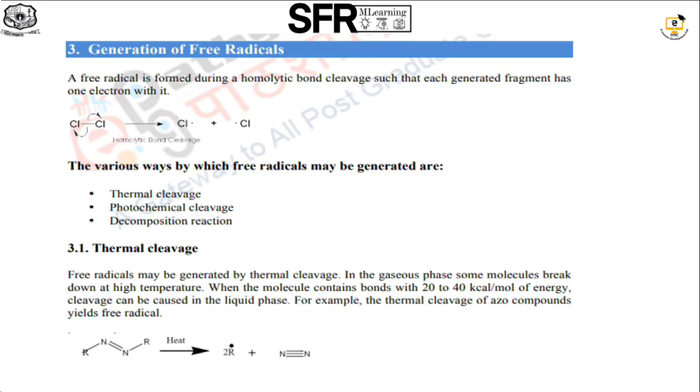For example, azo compounds are formed by thermal decomposition. Twenty to forty kilocalories of energy is required to cleave a bond. The azo compound is formed by thermal cleavage.